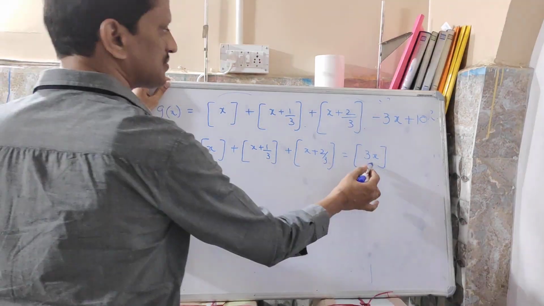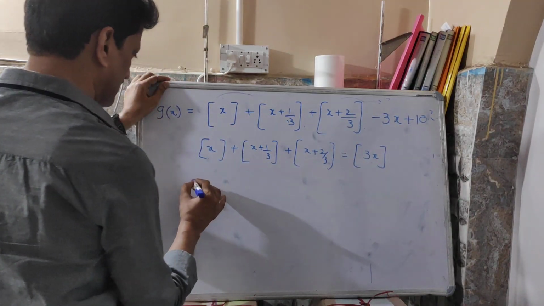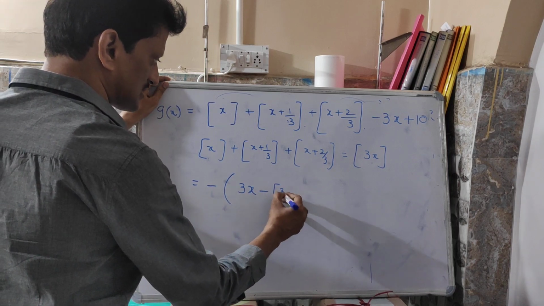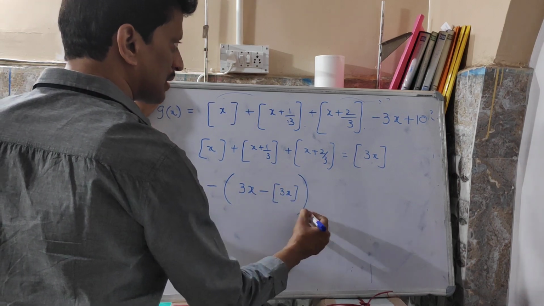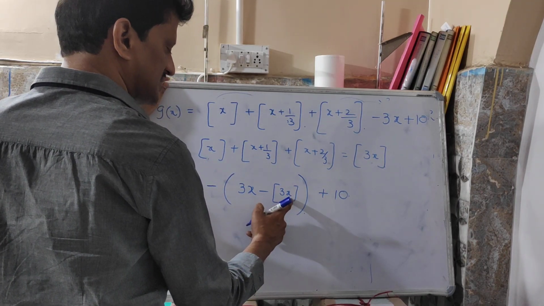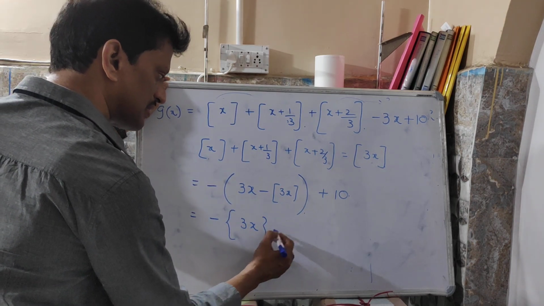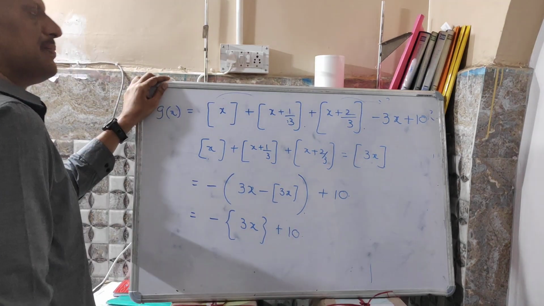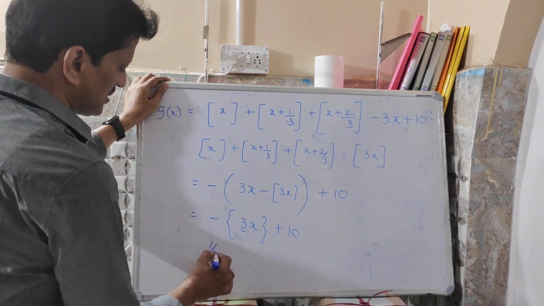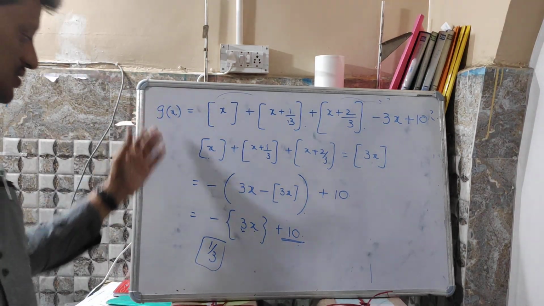So replacing this value here, so integral part of 3x minus 3x, अभी मैं एक माइनस कॉमन करता हूँ, 3x minus integral part of 3x, right, plus 10. So any real number x minus bracket x is brace x, so minus brace of 3x you will get plus 10. You are already knowing brace x का period 1, लेकिन इधर ही variable का quotient 3, so 1 by 3 is the period. This constant does not matter for anything. So period of g of x is 1 by 3.